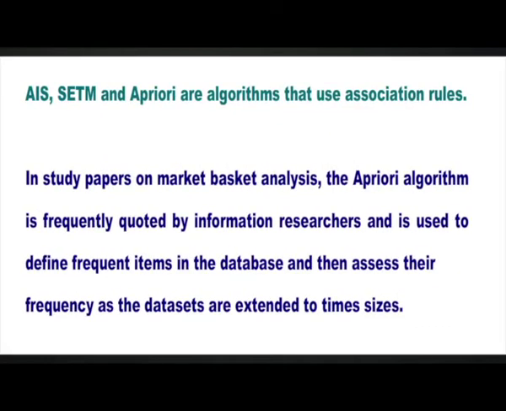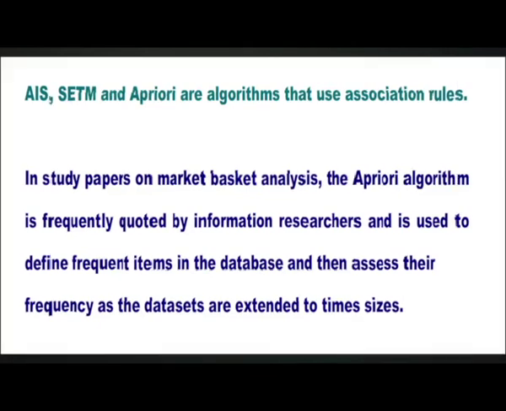AIS, SETM and Apriori are algorithms that use association rules. Let us look into a study paper on market basket analysis. The Apriori algorithm is frequently quoted by information researchers and is used to define frequent items in the database and then assesses their frequency as the data sets are extended to larger sizes.